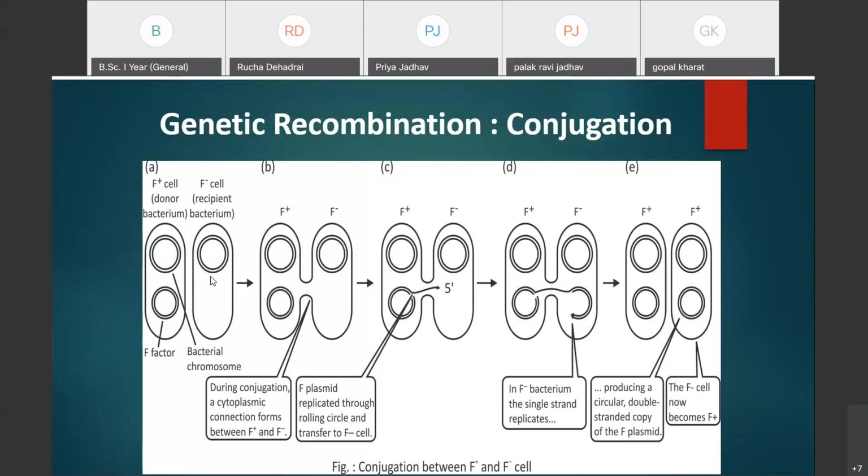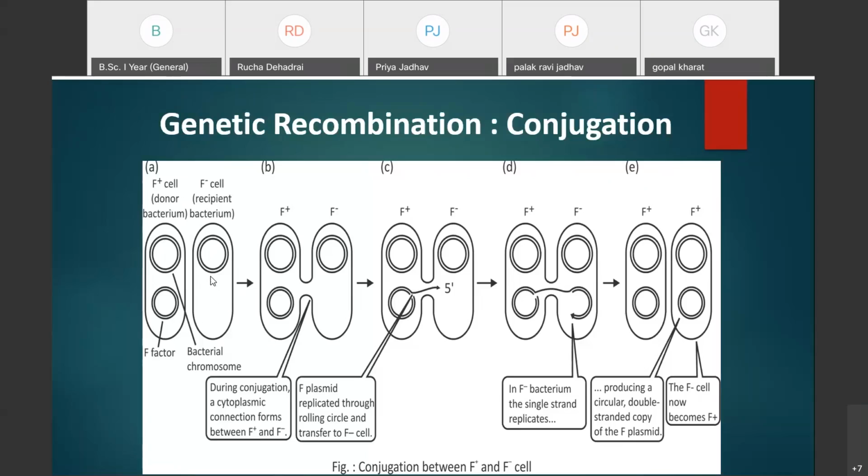Some of the plasmids lack the genes for the transfer. I have just told you that some of the plasmids are self transmissible, that means they have the genes which can mediate their own transfer.